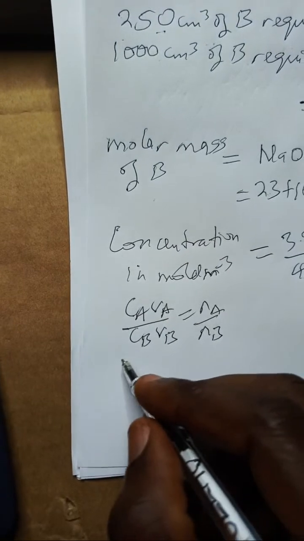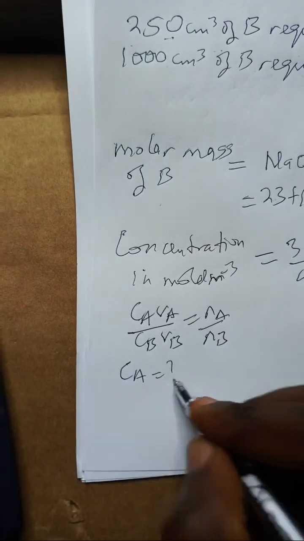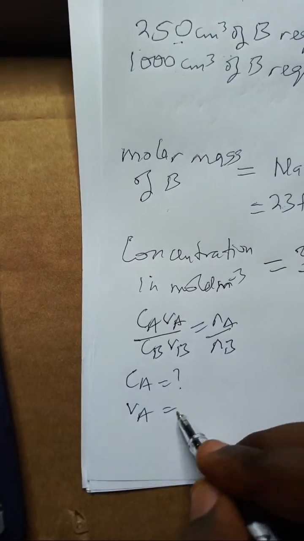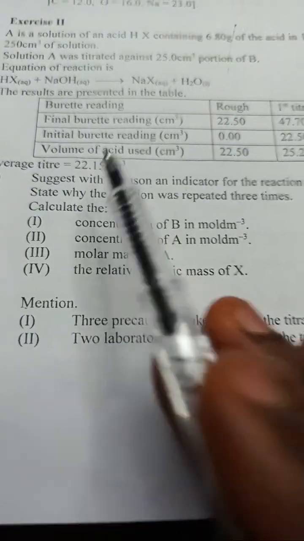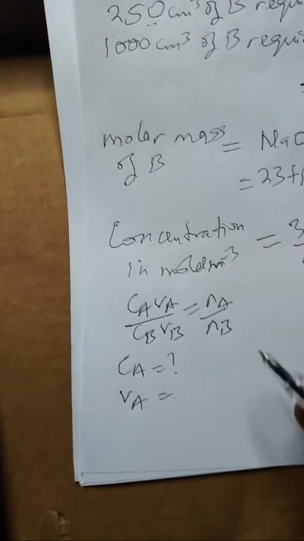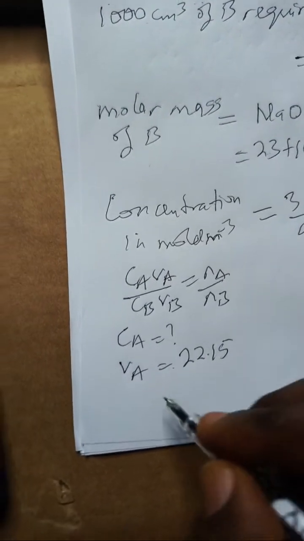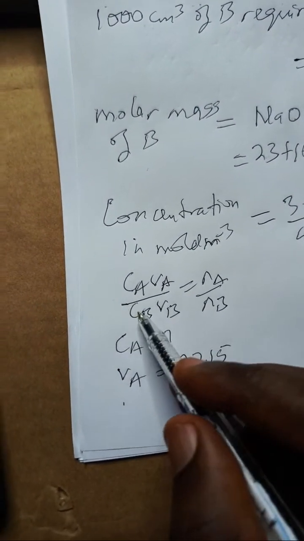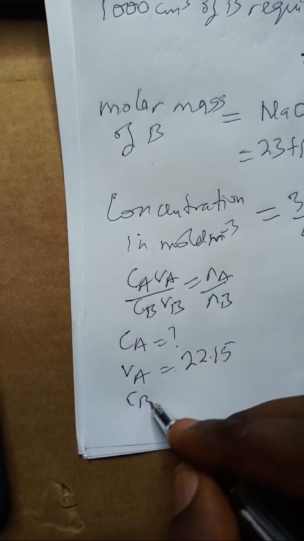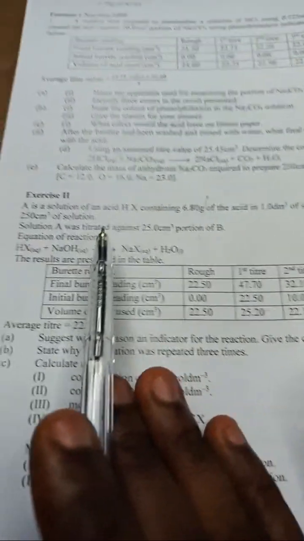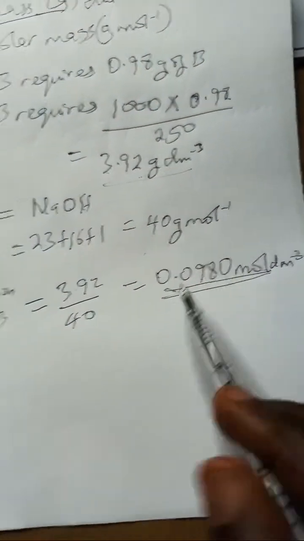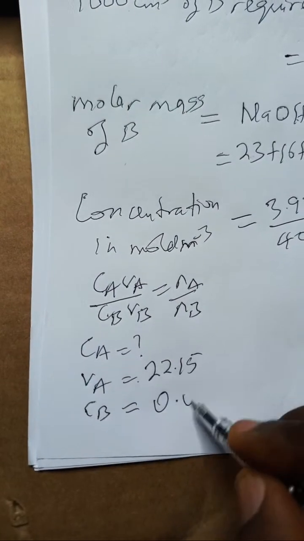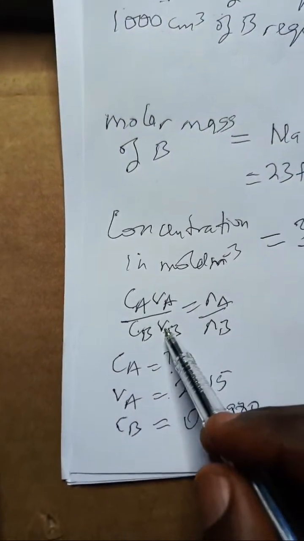Our CA is what we are told to calculate. Our VA, that is volume of acid, is given. Volume of acid is 22.15. Now, the next thing is the concentration of base. Concentration of base, I think is given. Oh, that's what we got here. Concentration of base is this. So we have to state it there as 0.0980. The next thing, volume of base.